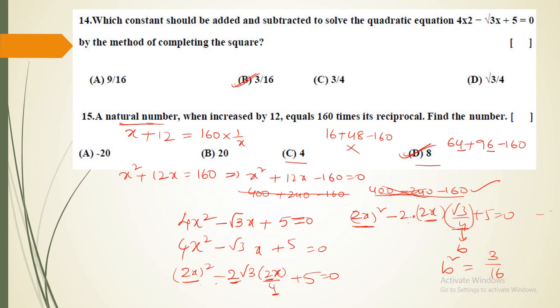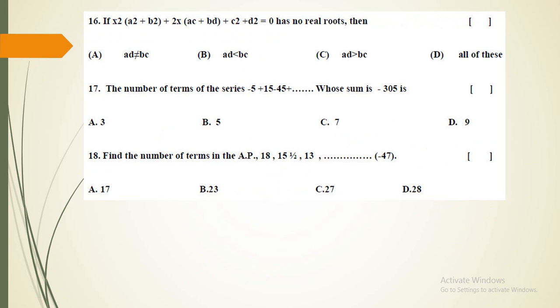Next, moving on to one more question. So question number 16. What he has given is x square into a square plus b square, plus 2x times ac plus bd, plus c square plus d square is equal to 0 has no real roots. So no real roots means simply delta is less than 0.